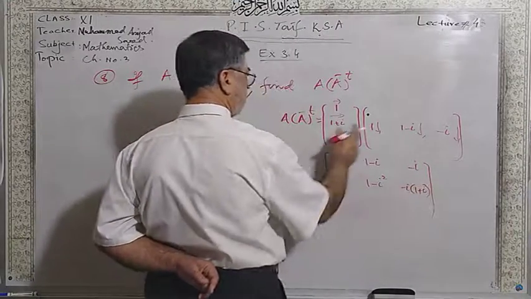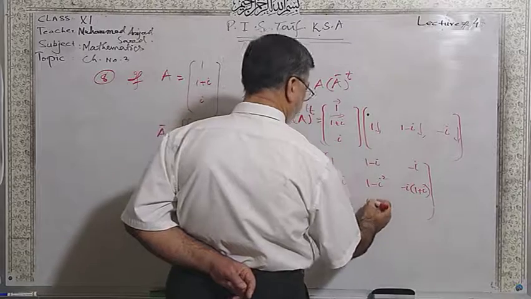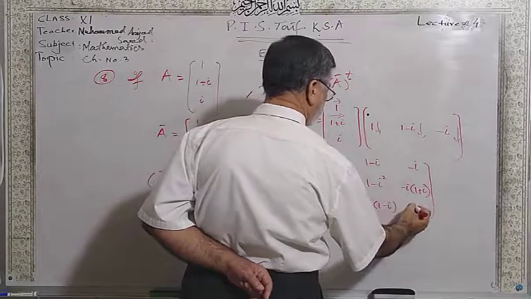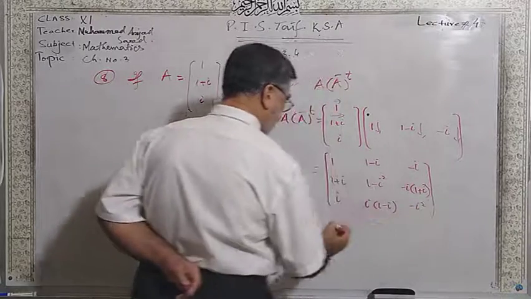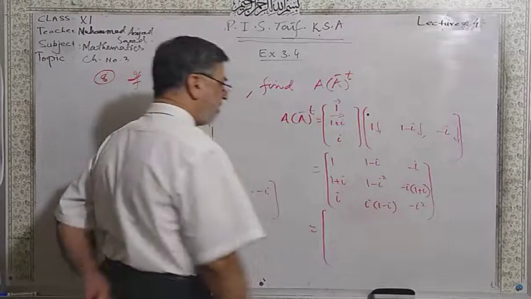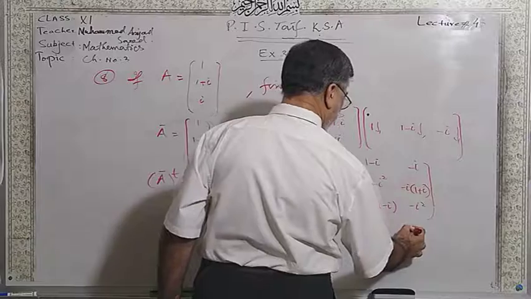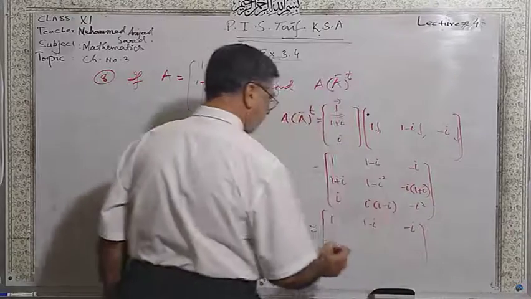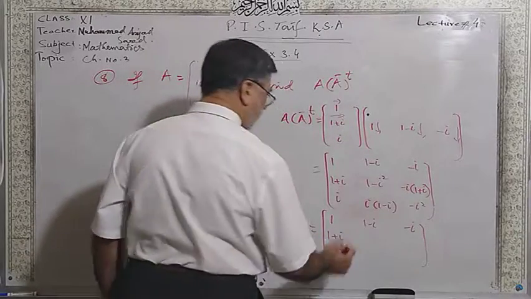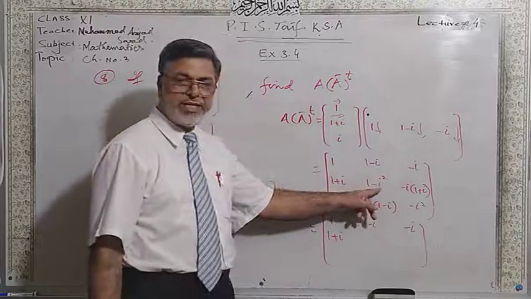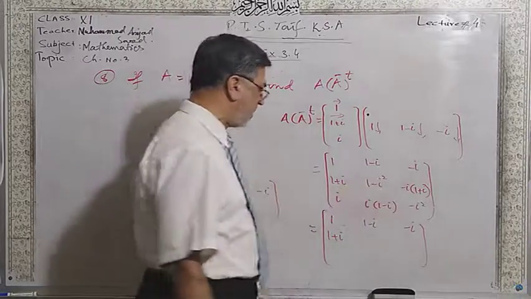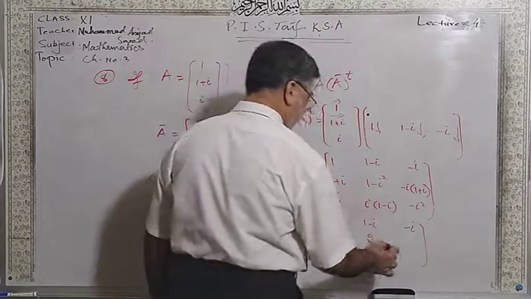Here is iota, iota into 1 minus iota, then minus iota square. Here is 1 minus iota and minus iota, 1 plus iota. This iota square is minus 1, so minus minus plus, it will be added.